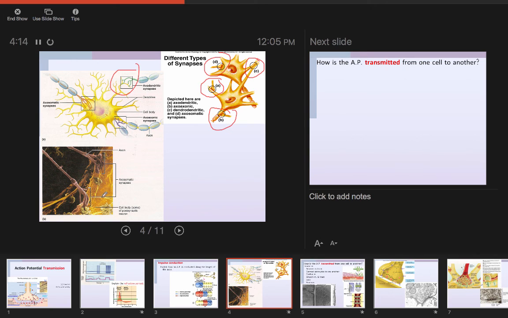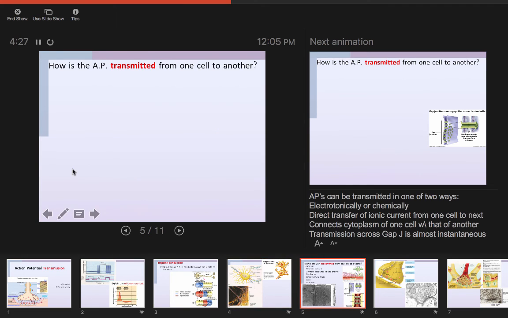And here you can see a micrograph of some axosomatic synapses. There's the axon of one cell synapsing with the soma of a second cell, and then again axosomatic. Now we need to talk about how an action potential is transmitted from one cell to another cell, and the fastest way for that to occur is for it to occur electrotonically as opposed to chemically.